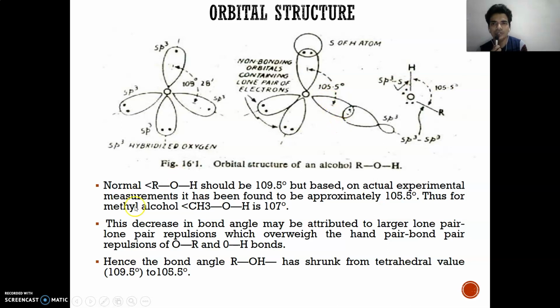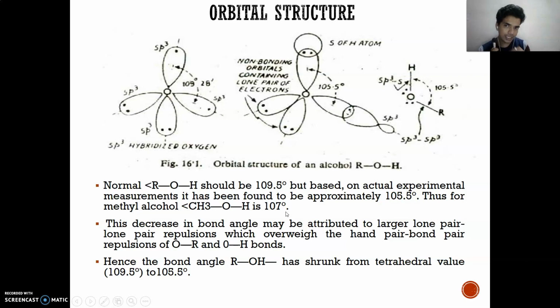The normal angle of ROH should be 109.5 degrees, but based on experiment it becomes 105.5 degrees. In methyl alcohol the angle becomes 107 degrees.